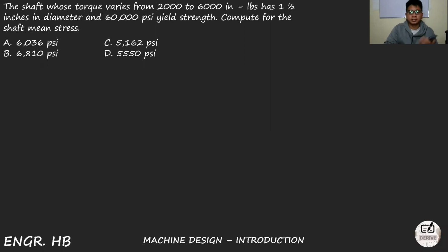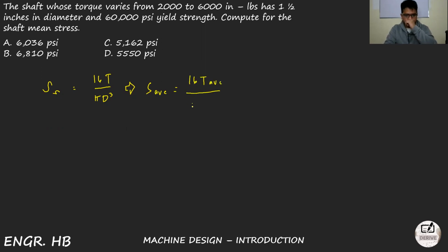So, since this is a torsional scenario, we all know that in torsional stress the formula is 16T over pi d cube, and convert natin sa magiging average stress. So in order for us to have an average stress, meron din dapat tayong average torque.